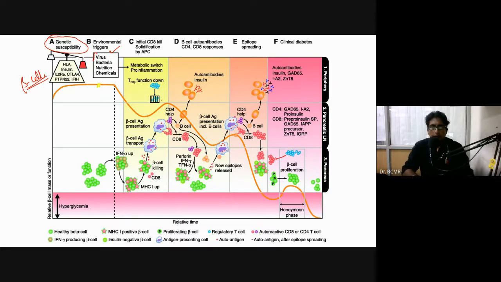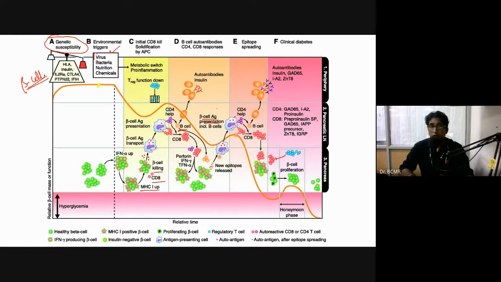What may happen is that some of the cells may be killed by the immune cells, and then the cells will present more proteins on their cell surface, because of which B cells from the immune system, the antibody producing ones, might be triggered towards the presented antigens.